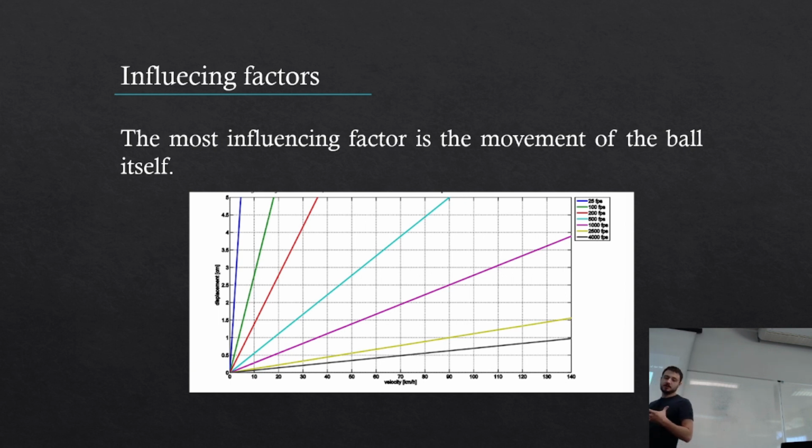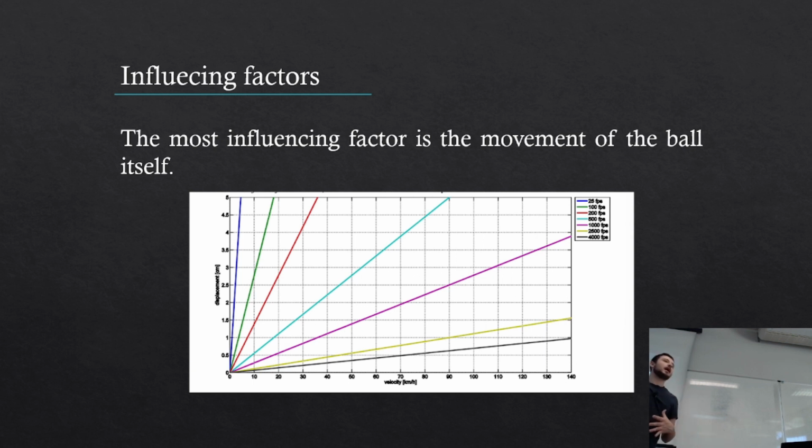Basically, this graph shows us that with more FPS, there is less displacement from the real location of the ball. And with less FPS, we have more displacement from the real location of the ball.